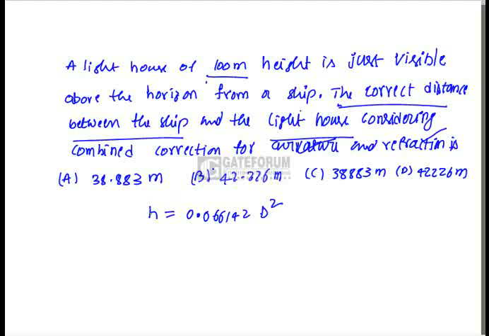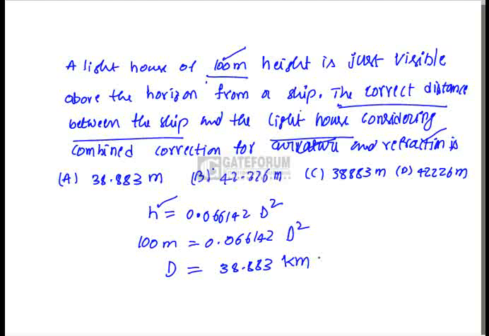The height is 100 meters, that is equal to 0.06142 d squared. d is equal to 38.883 kilometers, that is equal to 38.83 kilometers. Therefore, option C is correct.